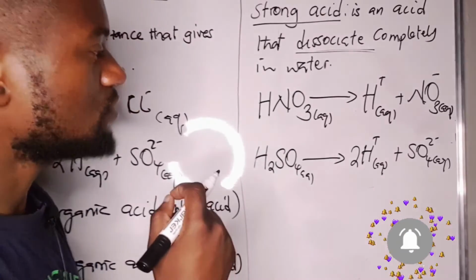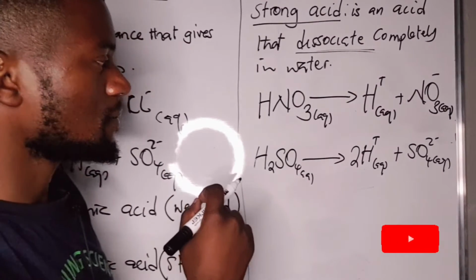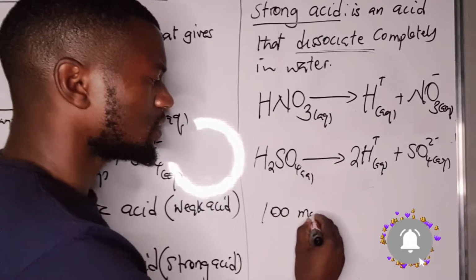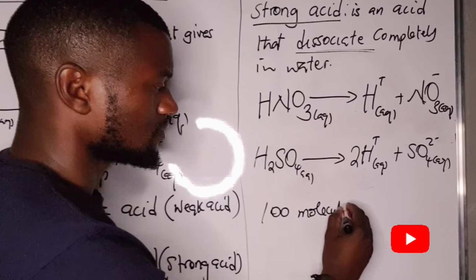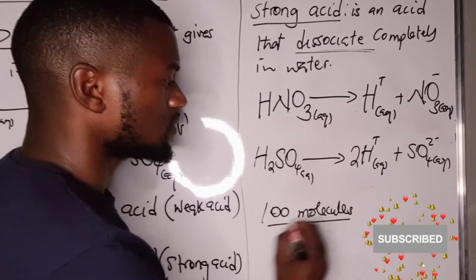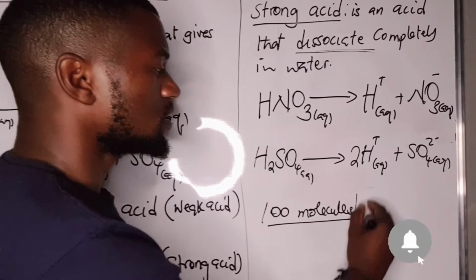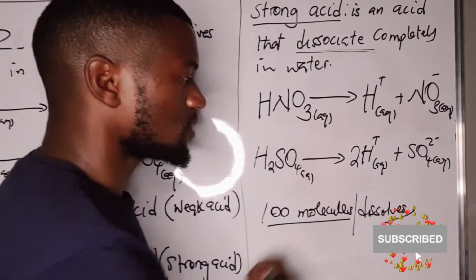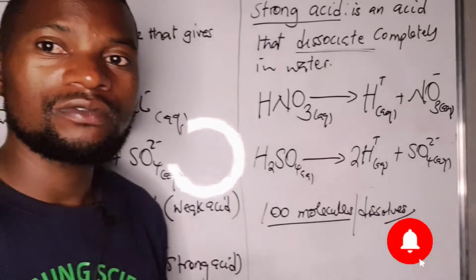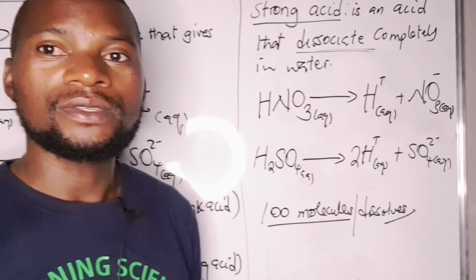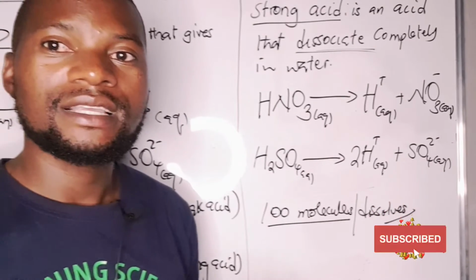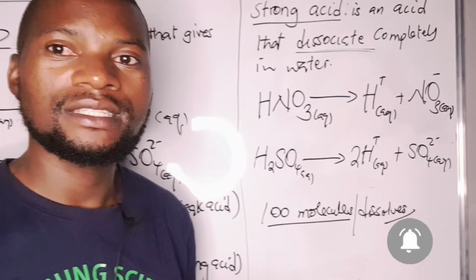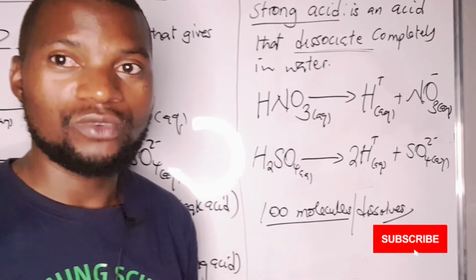What it means here is that if you have 100 molecules of sulfuric acid, all these molecules are going to dissolve in water. So strong acids are able to completely ionize when they are dissolved in water.